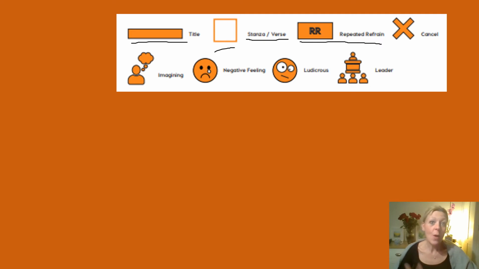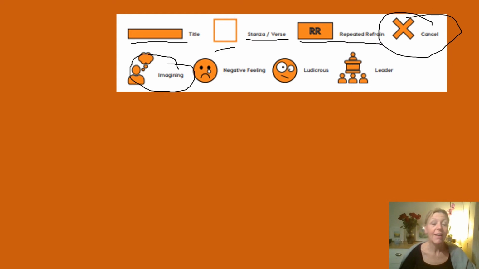So let's look at what we're going to put in each stanza or verse. First of all, we've got what we're going to cancel, breaks. And then we had a bit of imagining that we would have guinea pigs as our essential equipment. It's a bit silly, but that's what we can do with poetry. We can be really imaginative and a bit silly.